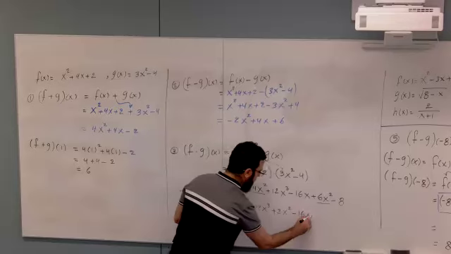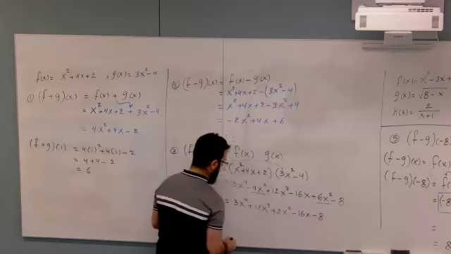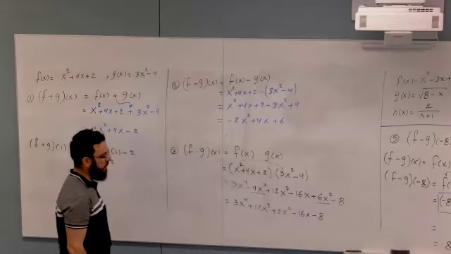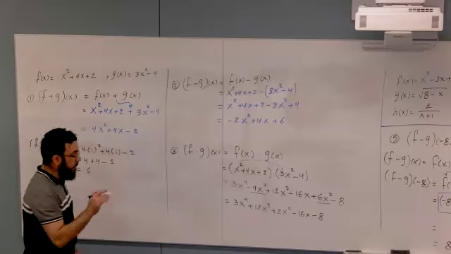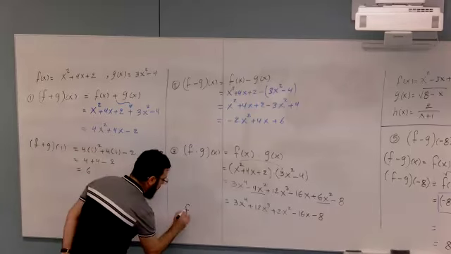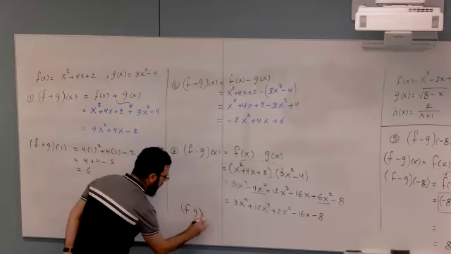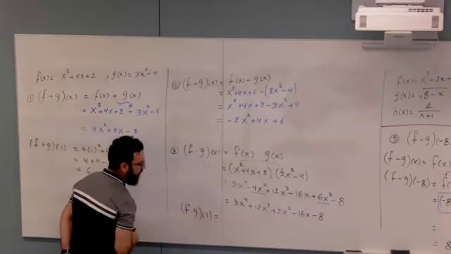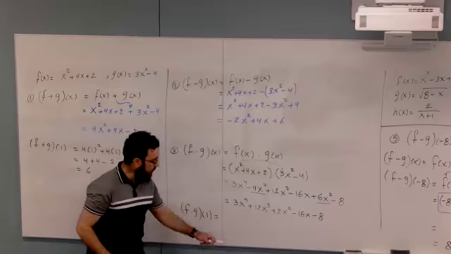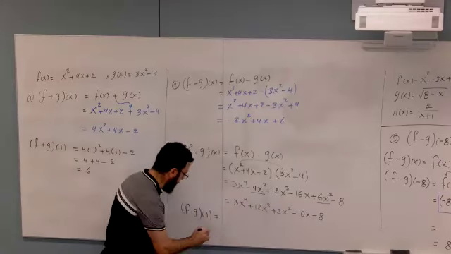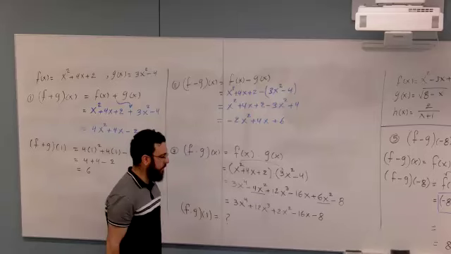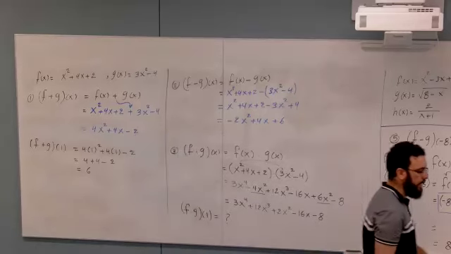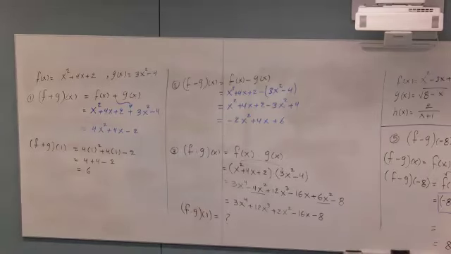Negative 16x minus 8. That's it. Now, the same question. If I ask you f times g of 1, what are you going to do? You're going to plug in 1 instead of the x. You're going to get that. Is that okay? Piece of cake.